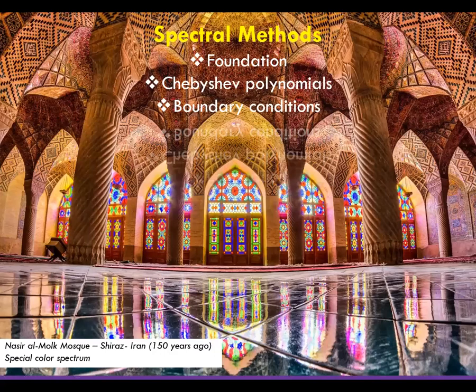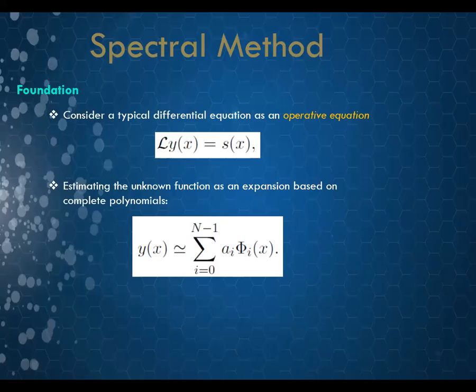Okay, let me dive into the spectral method by talking about its foundation, the Chebyshev polynomials and boundary conditions, and finally a comparison between this and the finite difference method. In the spectral method, we change our view of the differential equation.